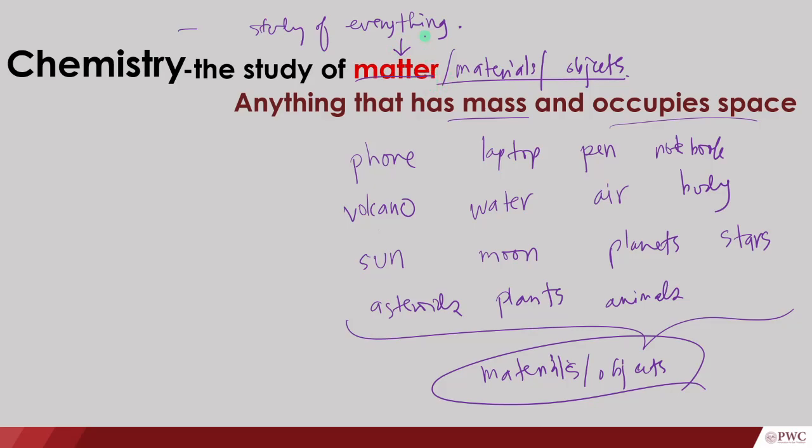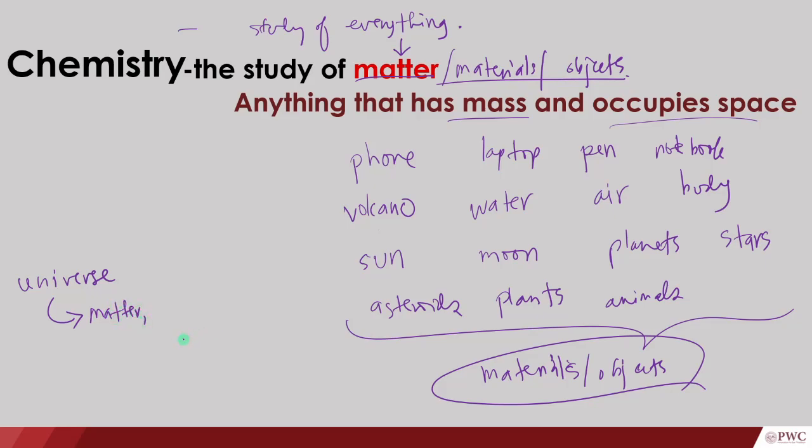Of course, when we say everything, we are referring to the universe because the universe is everything that exists. And when we think of the universe, we think of the sun, the moon, planets, stars, asteroids, comets, and all the objects. And again, these are all forms of matter.